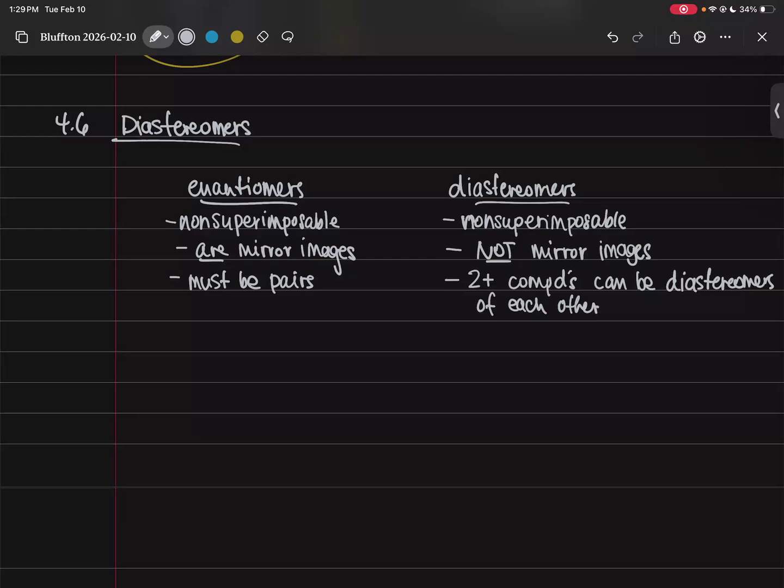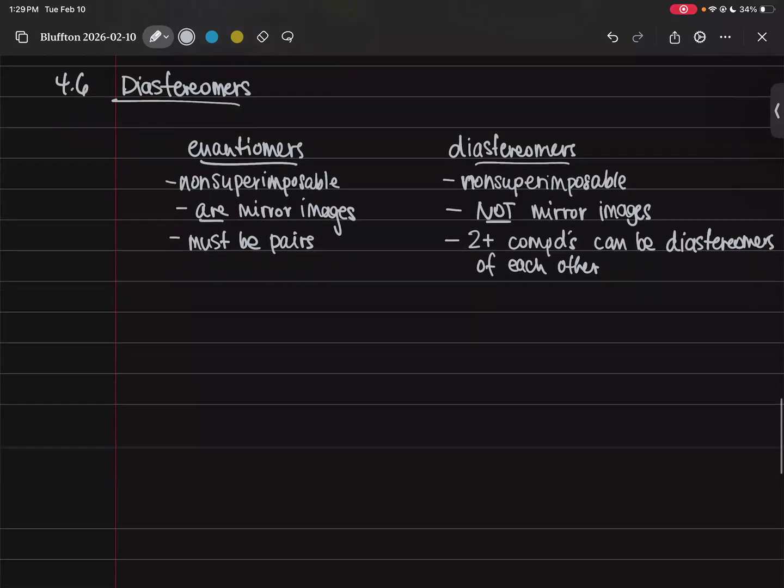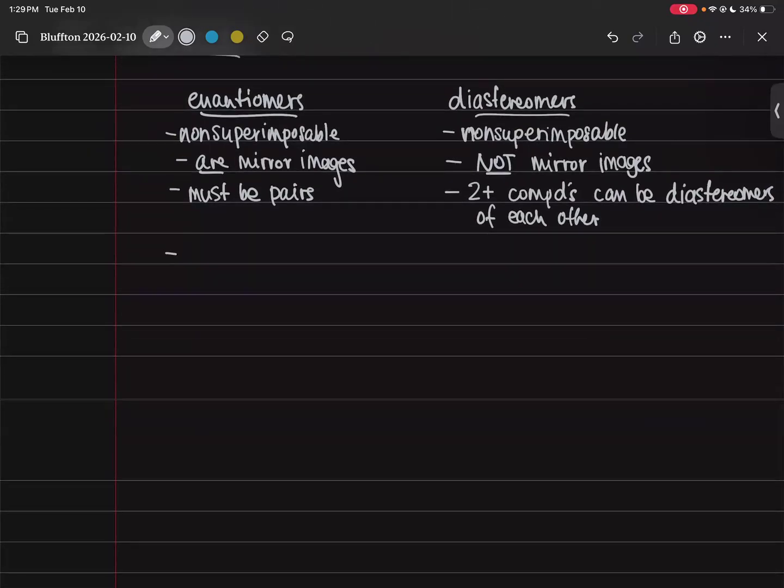So we could have a set of 4 different molecules, and the relationship between any and all of those 4 molecules is diastereomers. It doesn't just have to be in pairs. And here's the key.